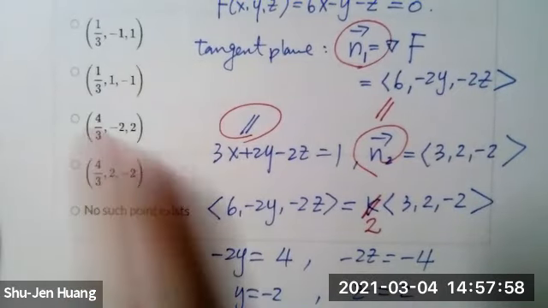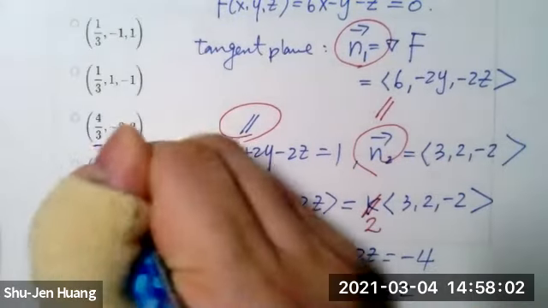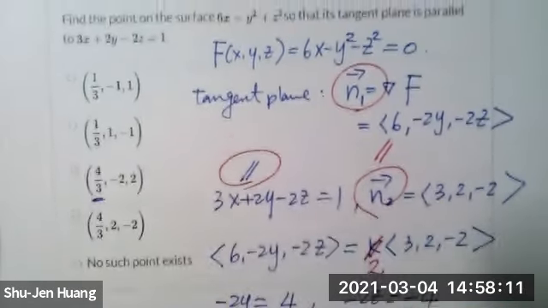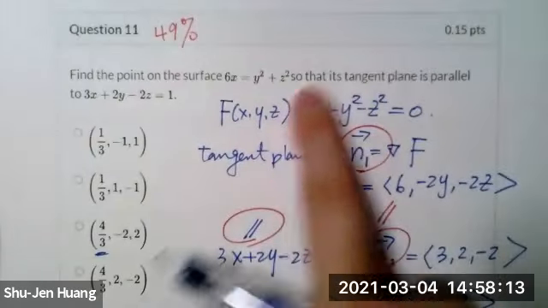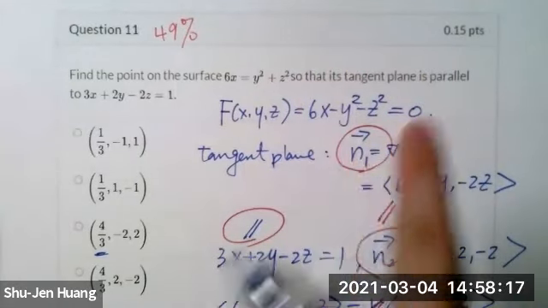And we want to make sure, because it says no such point exists, that the x coordinate is correct. So how are we going to get the x coordinate? Now we got the y and z value, and the point is on the surface here, so we can plug in the y and z value we got.